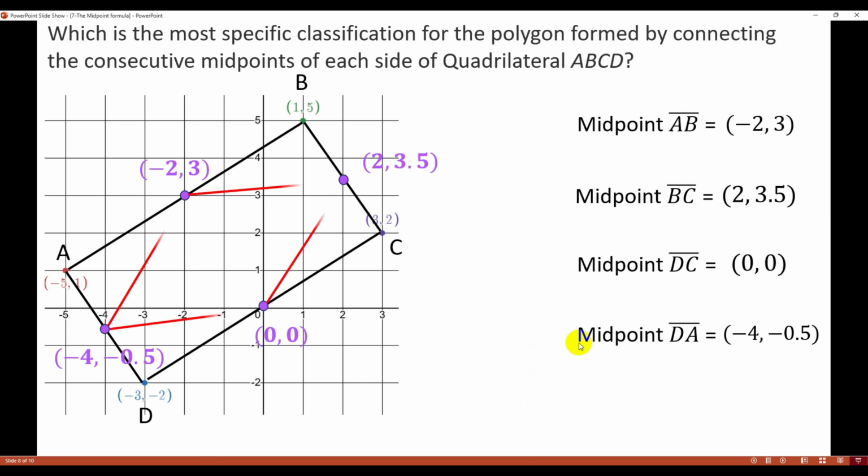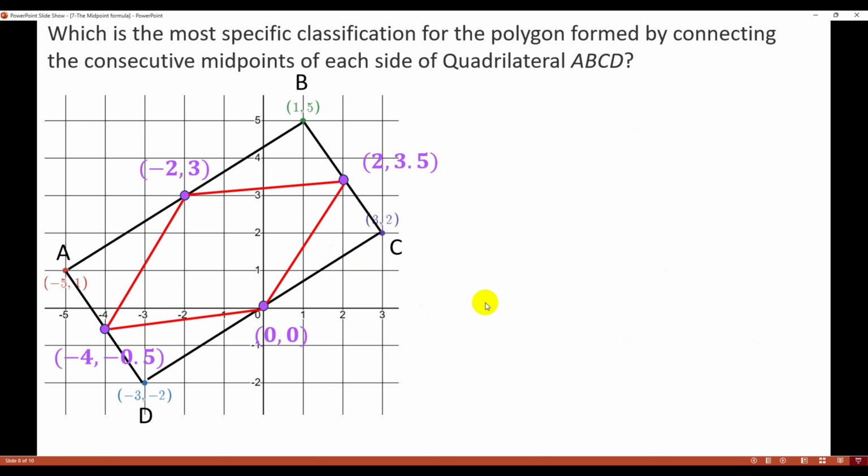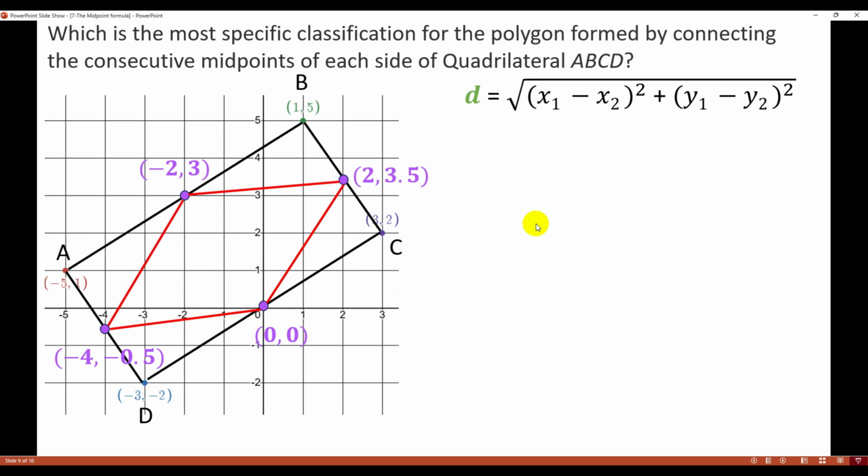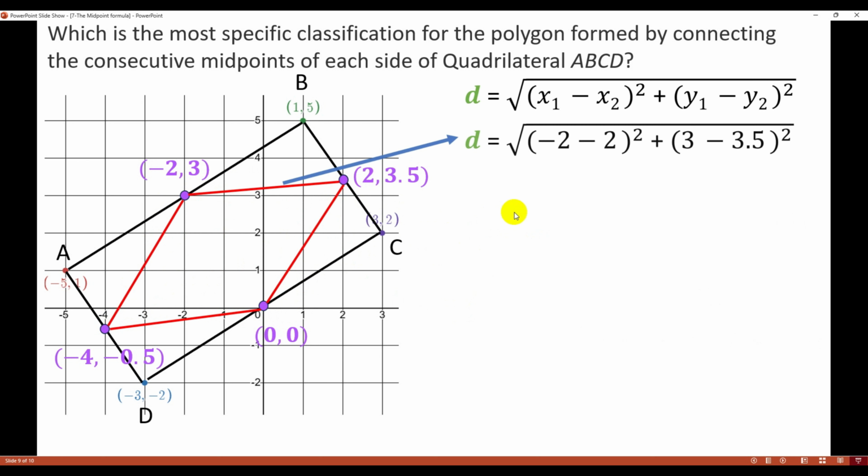Now we have to join them together and figure out what type of polygon or quadrilateral we have here. So it looks like a rhombus to me, but to make sure that that's the case, I need to apply the distance formula. So I'm going to apply the distance formula 4 times here, right?